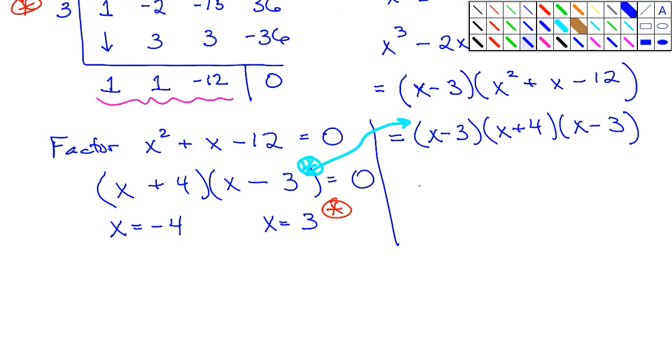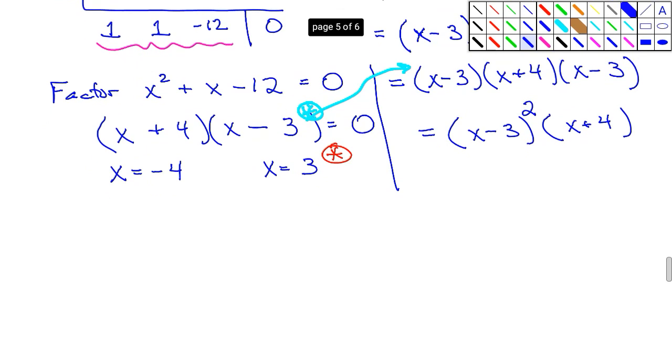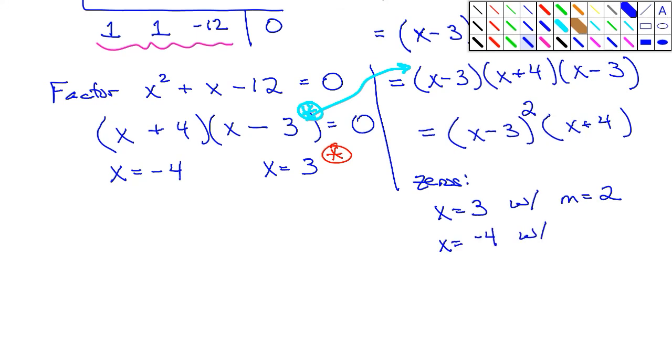But that can be simplified to x minus 3 squared, because there's two terms, and then x plus 4. So the zeros of this polynomial are x equals 3 with multiplicity 2, and x equals negative 4 with multiplicity 1.